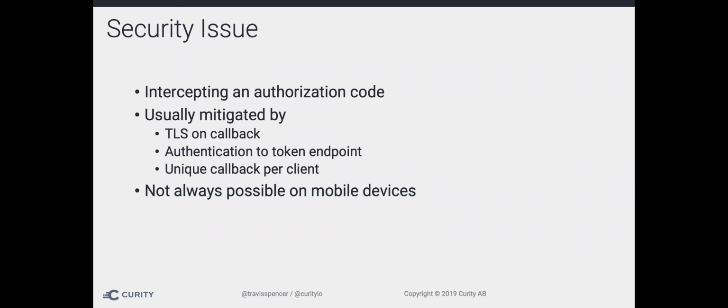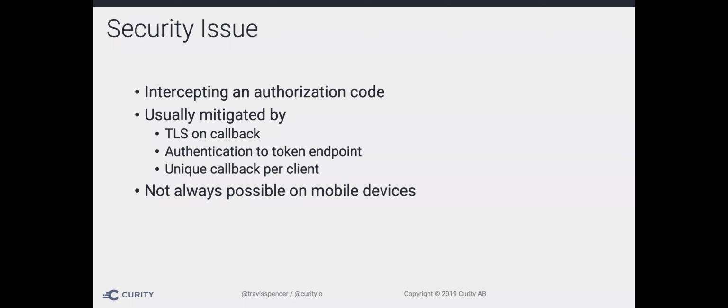And so the attacker won't be able to see the authorization code. And the token endpoint is usually authenticated. So even if the attacker gets a hold of the authorization code, the attacker won't be able to authenticate to the token endpoint as the victim application or the application that the victim is operating.